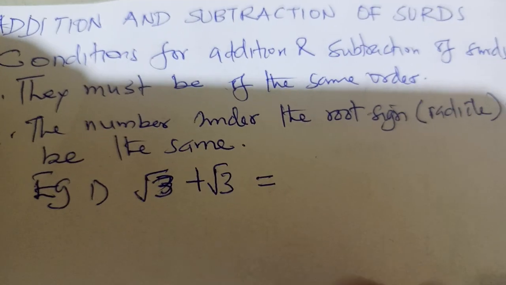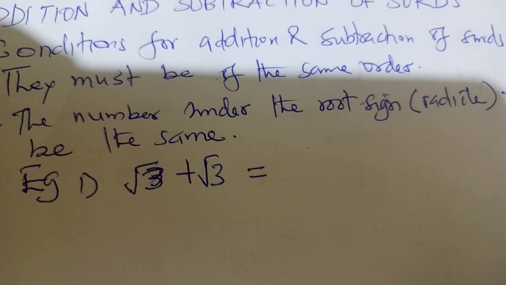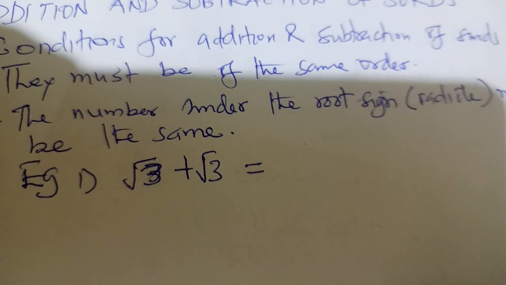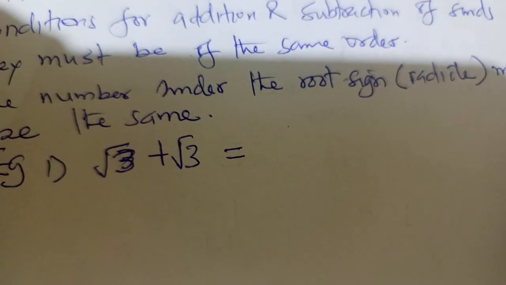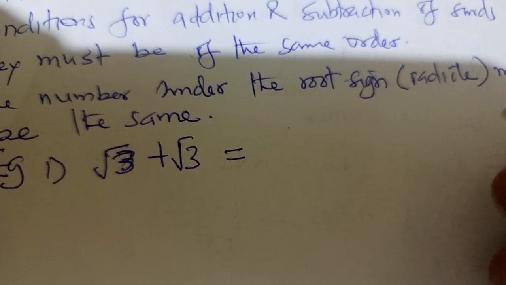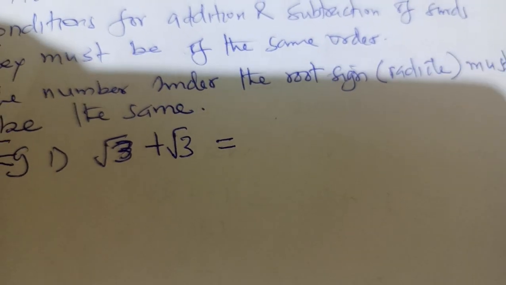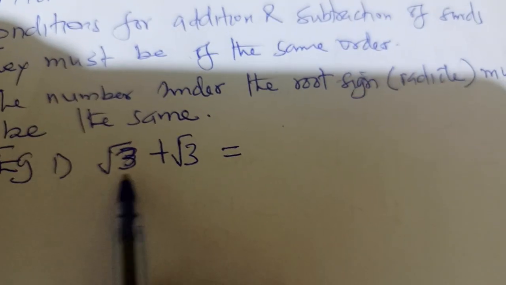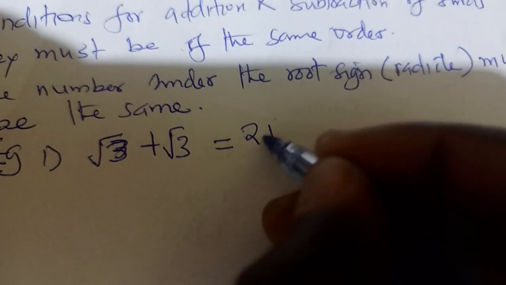And remember, addition and subtraction of surds is done the same way addition and subtraction in algebra was performed. So for instance, like in algebra, if you have a plus a, you get 2a. So in this case also, root 3 plus root 3 gives us 2 root 3.